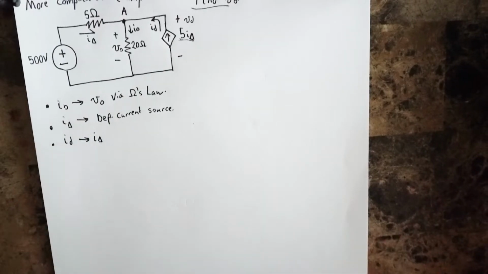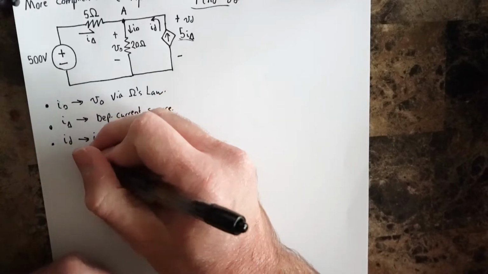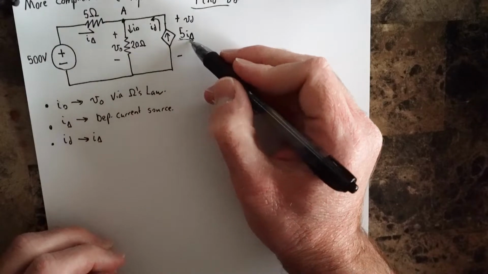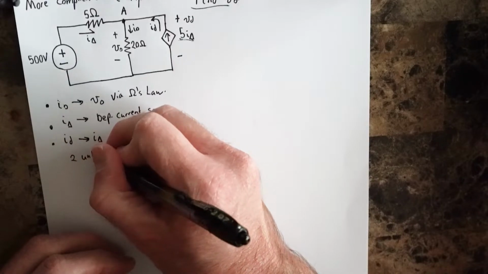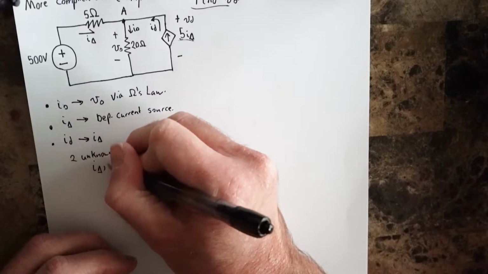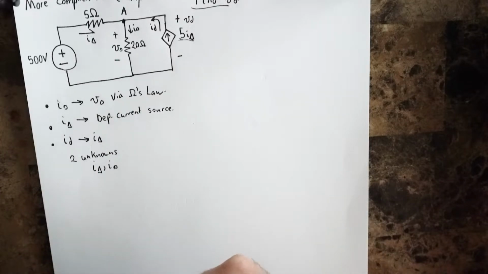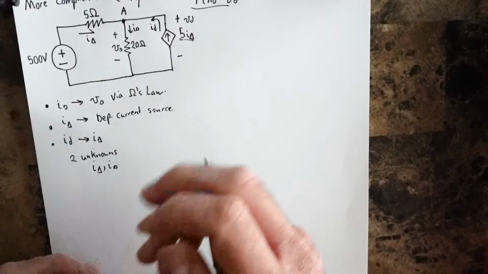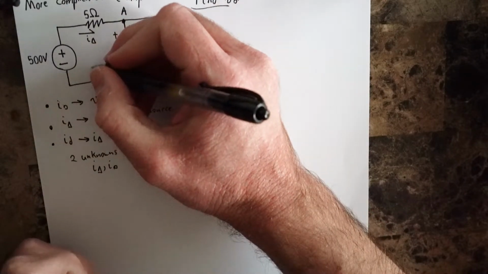So once we get that, then we can completely characterize this circuit. We have two really unknown currents. Well, if you look here, you'll say, oh, Brandon, we've got three, but one of these is a dependent current. So we really only have two unknowns here, being I delta and I naught. So we have a closed loop around that we can solve for right in here.